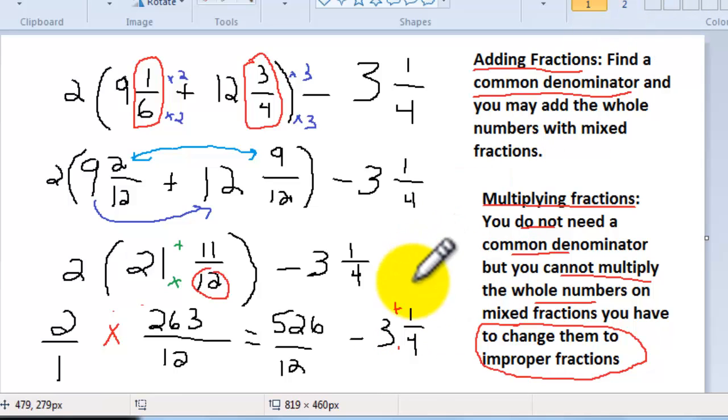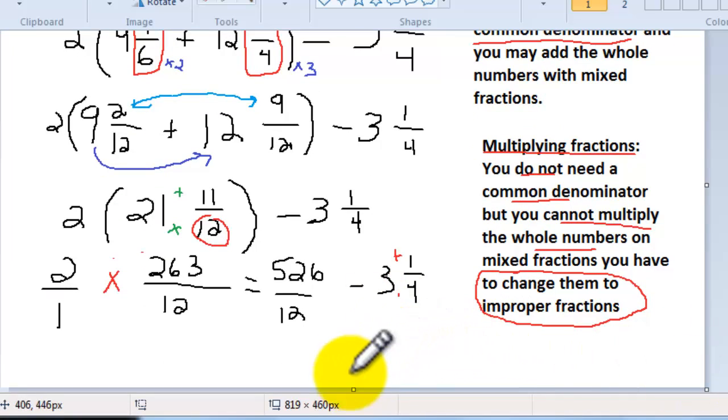Alright, but of course this is subtraction, so we have to find a common denominator. I'm running out of room. So minus 13/4, because I changed it into an improper fraction. We've got this big thing over here, 526 over 12.